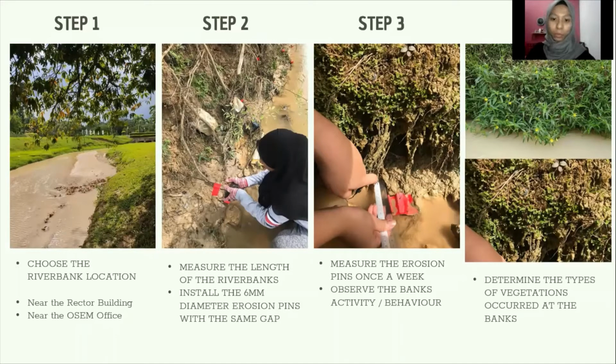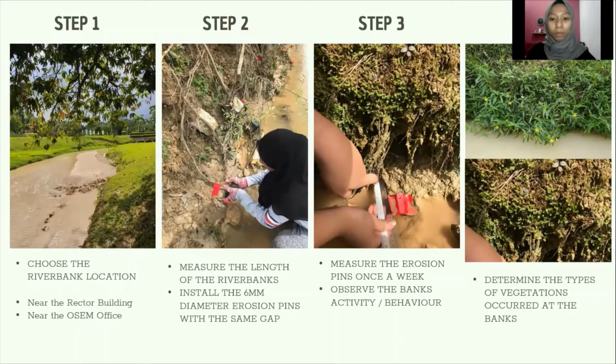Next, in step 3, after all the erosion pins have been installed, it is time to measure the erosion pins once a week in order to get the rate of erosion for a day.